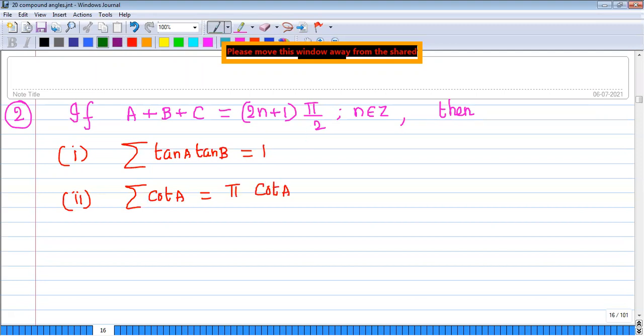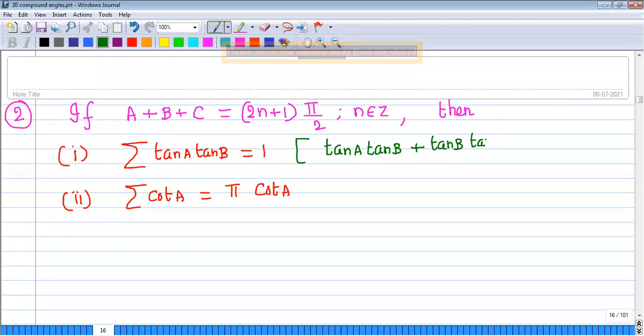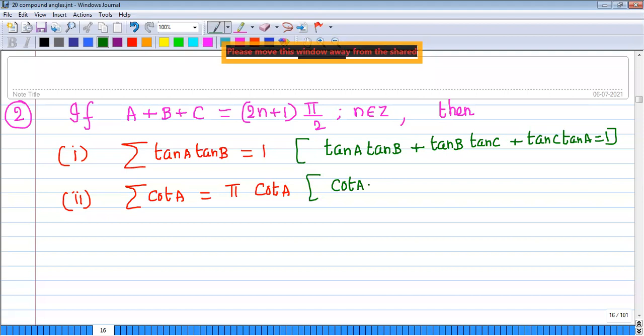Tan A tan B plus tan B tan C plus tan C tan A equals 1. If you expand this one, what do you get? Cot A plus cot B plus cot C equals cot A into cot B into cot C.